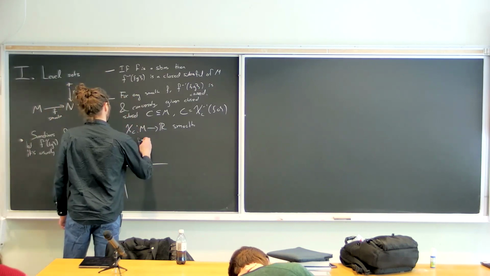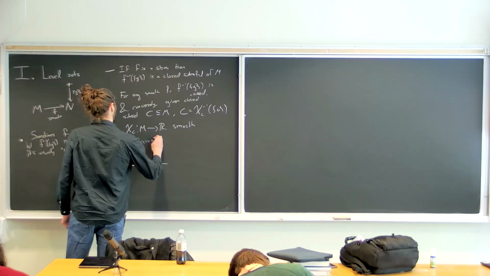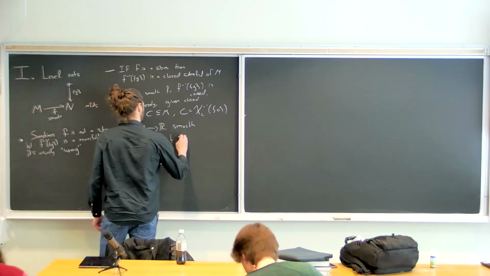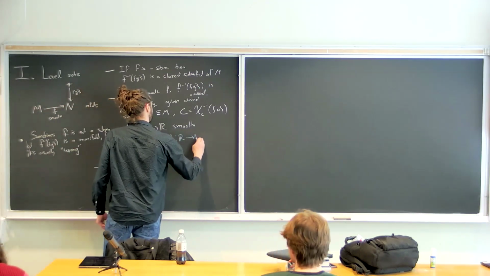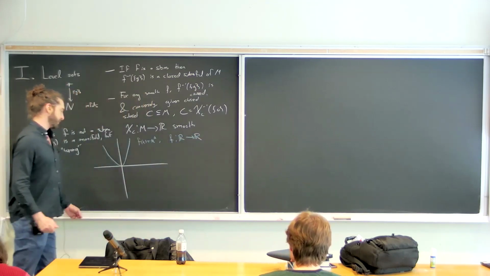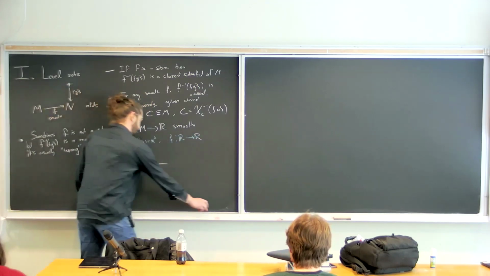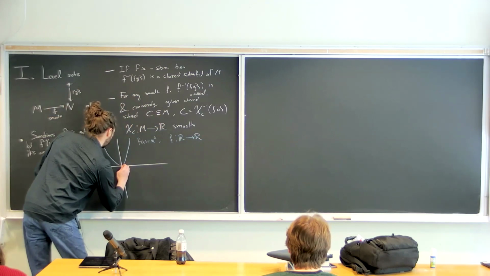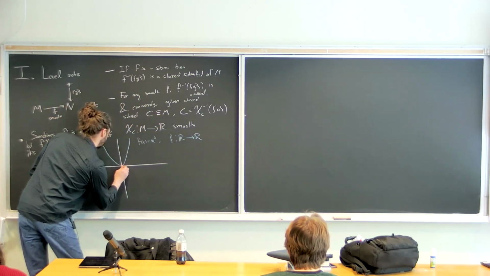Suppose I have f of x equals x squared, so f going from R to R. At zero, it fails to be a submersion, and the zero set is just this single point.